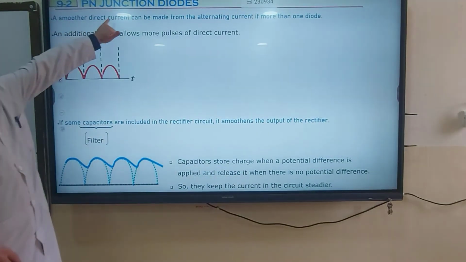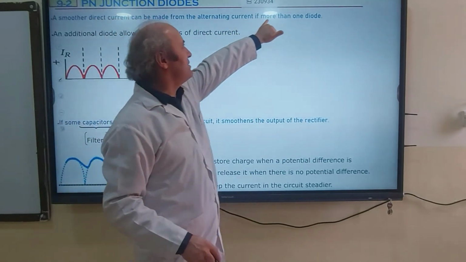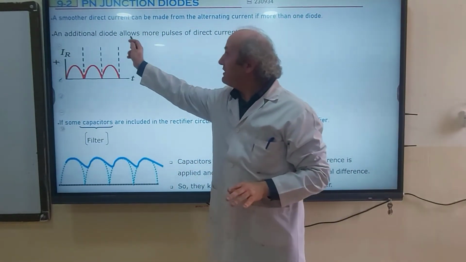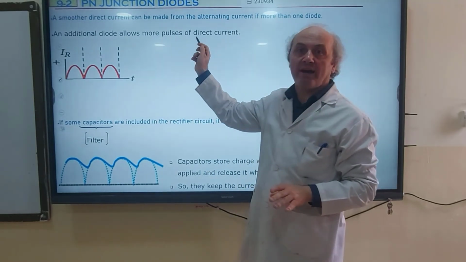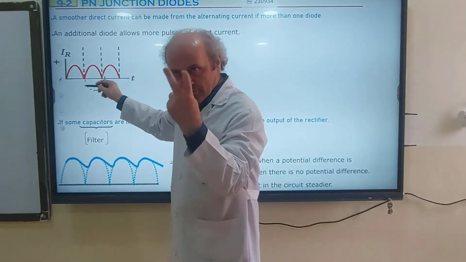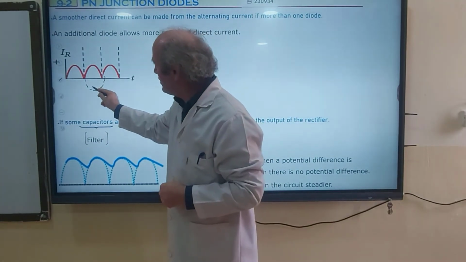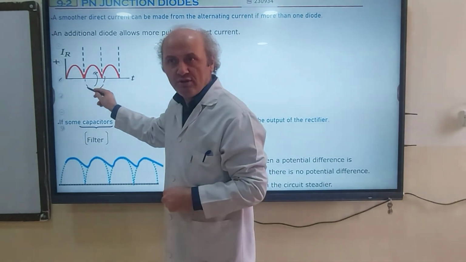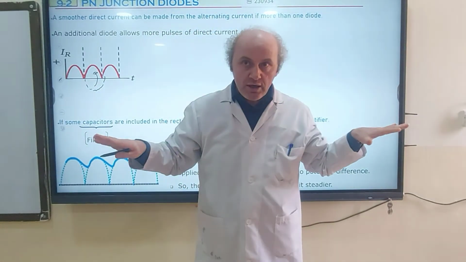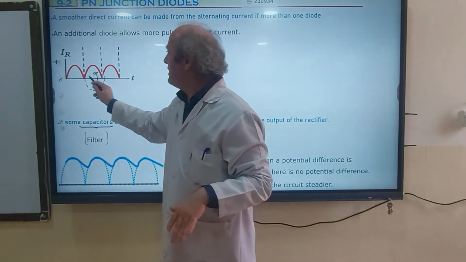So a smoother direct current can be made from an alternating current if more than one diode is used. An additional diode allows more pulses of the direct current. It was normally negative, but a two diode system can invert this negative to positive. In a single diode, it was only cropped.